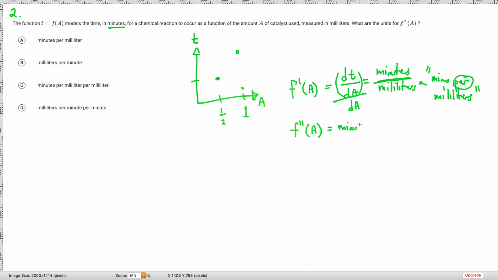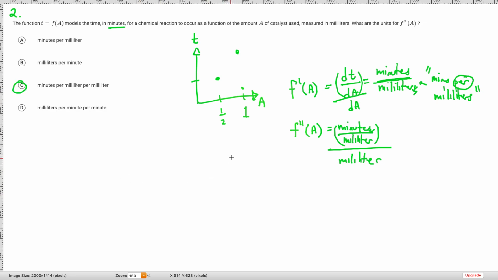So it's minutes per milliliter, and that would be this choice right here.